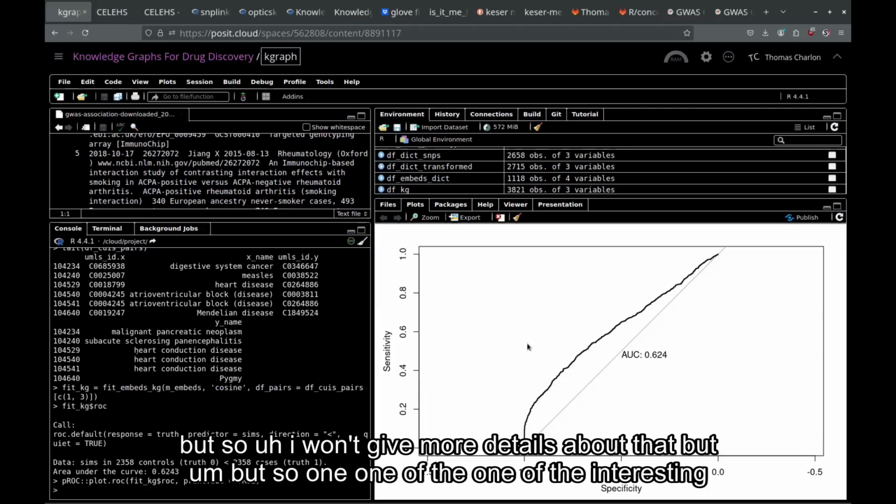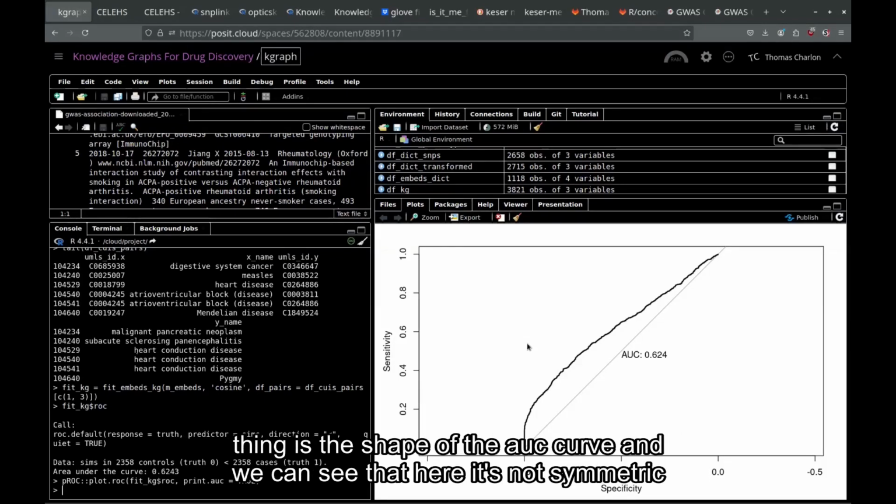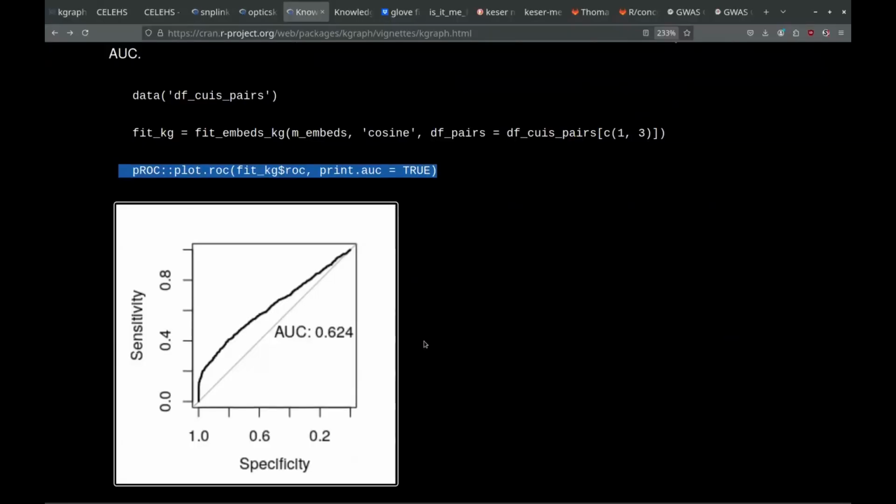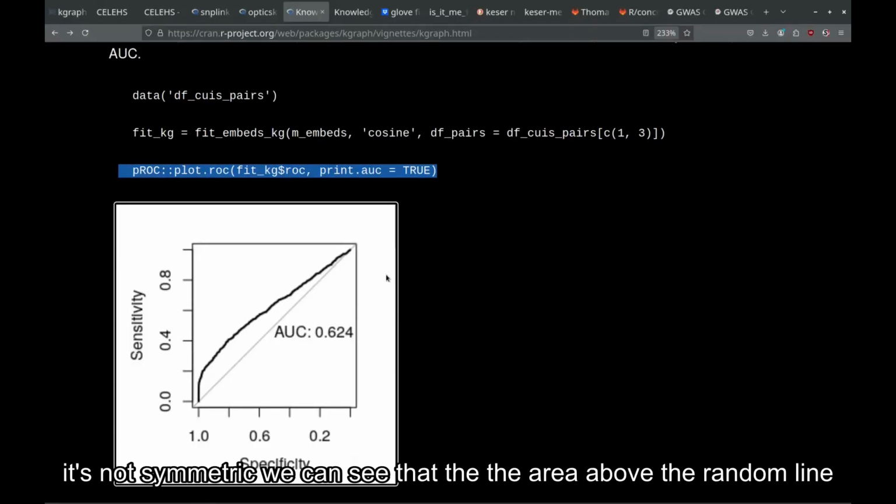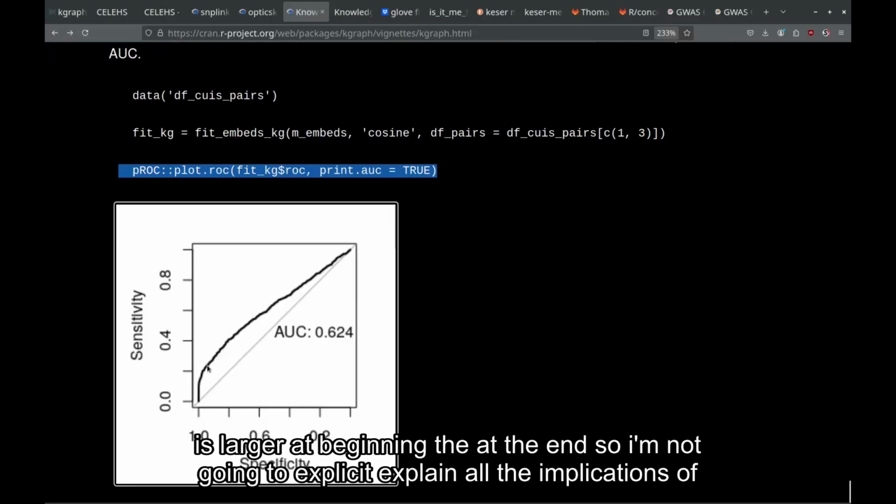One of the interesting things is the shape of the AUC curve, and we can see that here it's not symmetric. The area above the random line is larger at the beginning than at the end.